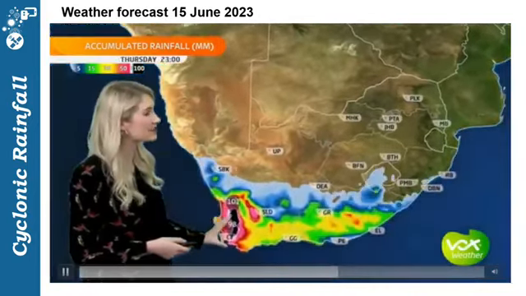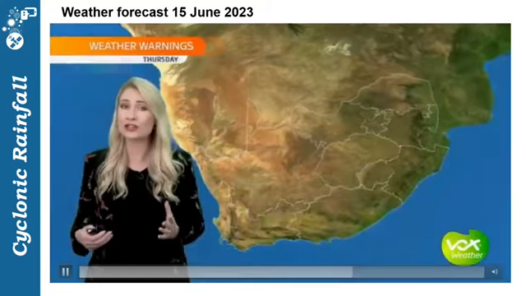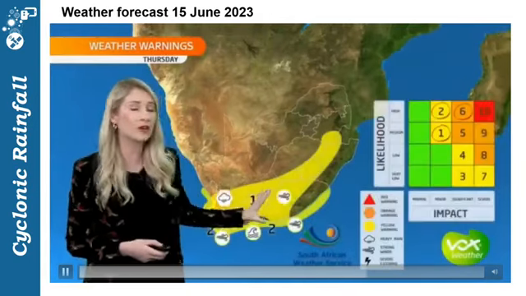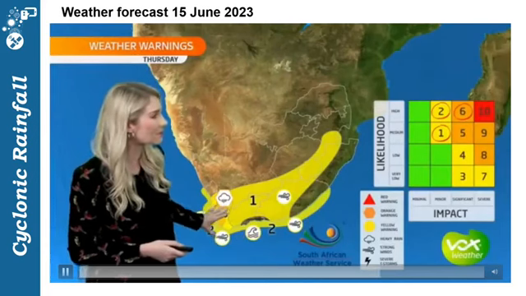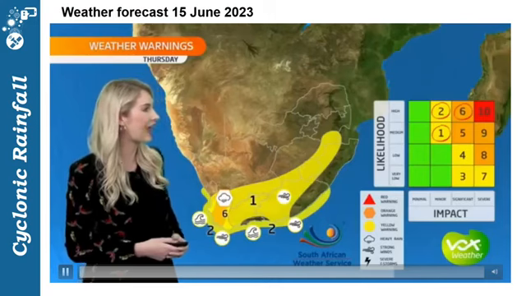The ground is extremely saturated and models are picking up another 100 millimeters could likely fall on Thursday. Therefore, we still have 4 weather warnings in place for Thursday. Strong winds and high seas for the coastal areas, damaging winds over parts of the Karoo, as well as stretching as far east as KwaZulu-Natal and the Free State.